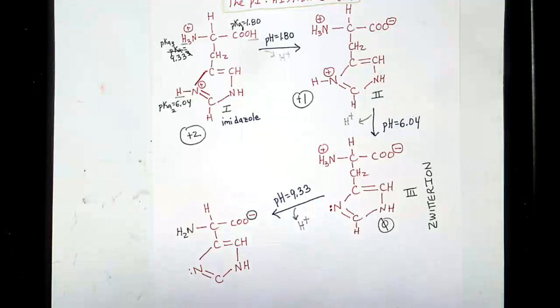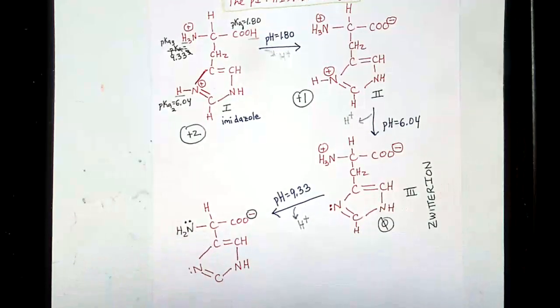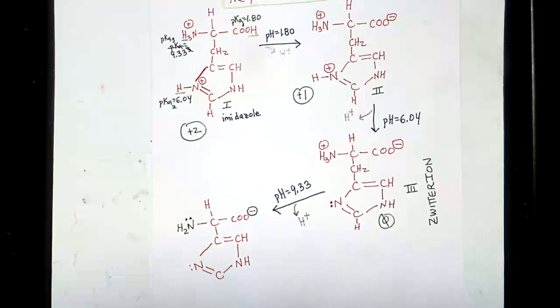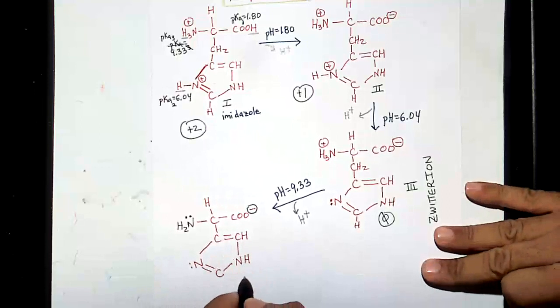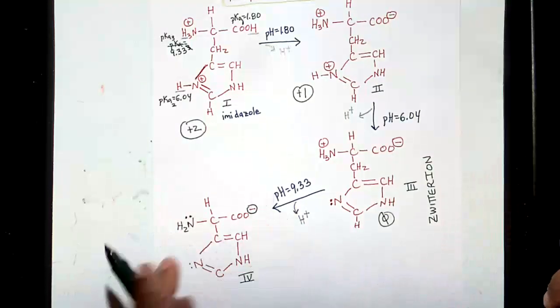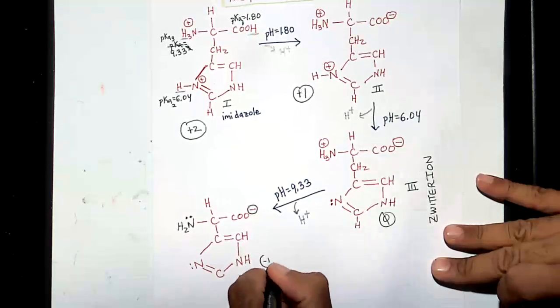By the way, just for consistency, there is a lone pair here, on the nitrogen. Okay, I'm going to call this form 4, but what is the total charge on form 4? What's the total charge? This is -1.